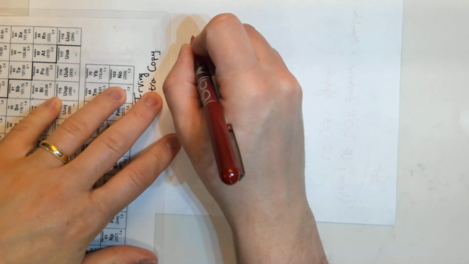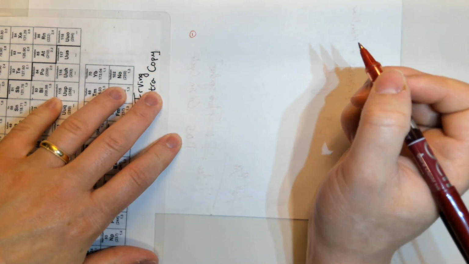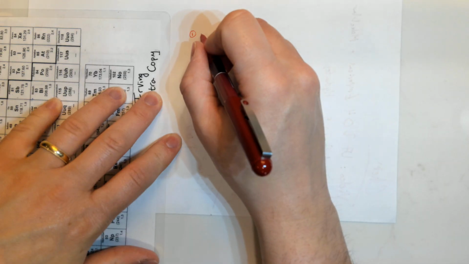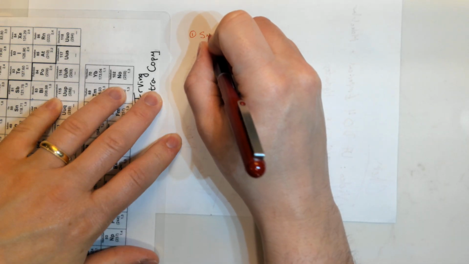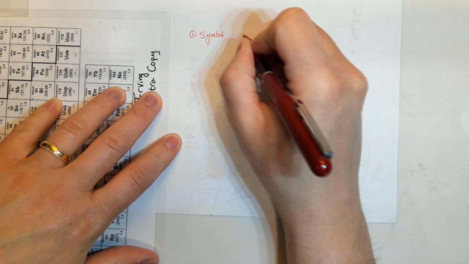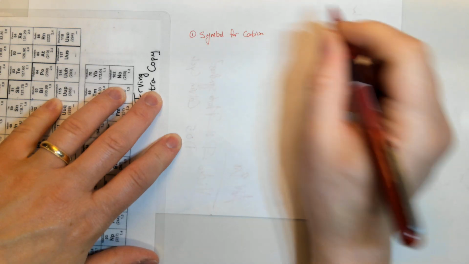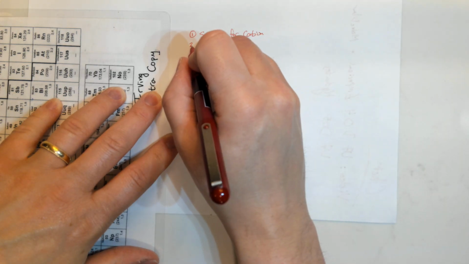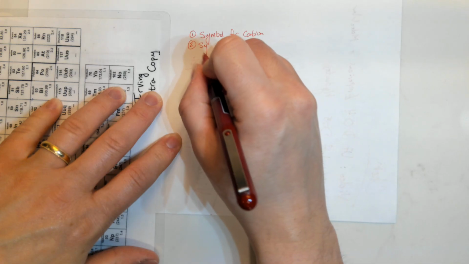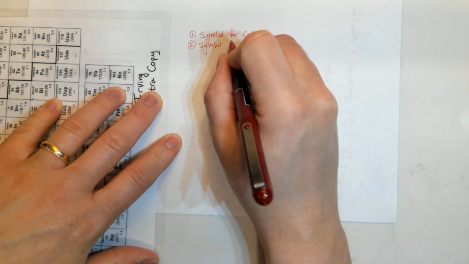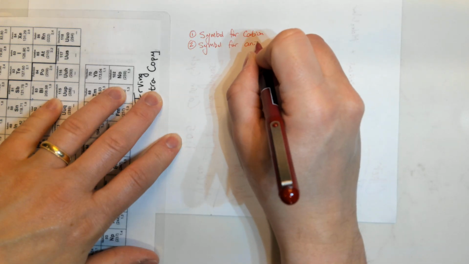All right, so here's what we do. First things first, we're going to write the symbol for the cation. Then we're going to write the symbol for the anion.